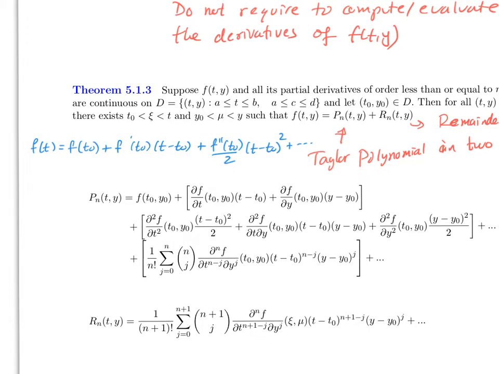For example, this part is this. This part is going to be all of this now. So it's going to be the partial derivative instead of derivative, and of two variables instead of one. And then for the second derivative, you're going to have all of this. So as you can see, it's a lot more messy, but it's the same idea. And then finally, this is going to be the remainder, which is pretty messy too.